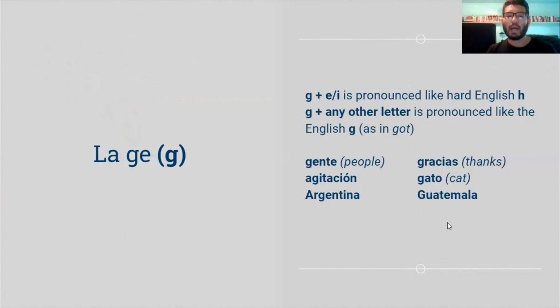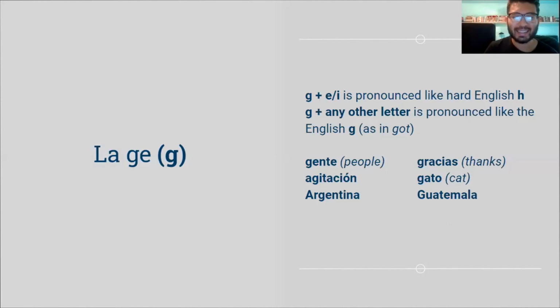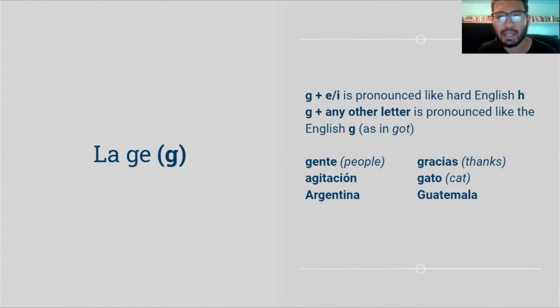So moving now to the next letter that we should focus on, la G, or the letter G. The letter G in Spanish produces a different sound than we tend to give it in English, and again it produces different sounds depending on its context, on the letters around it.